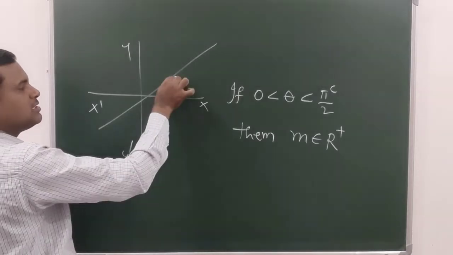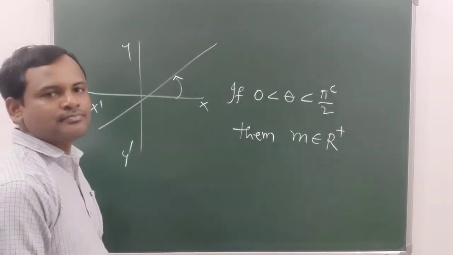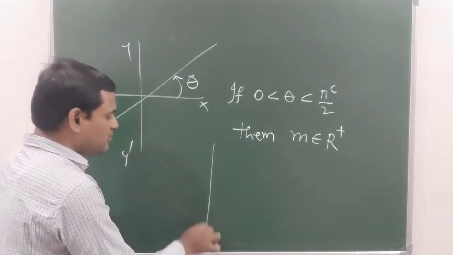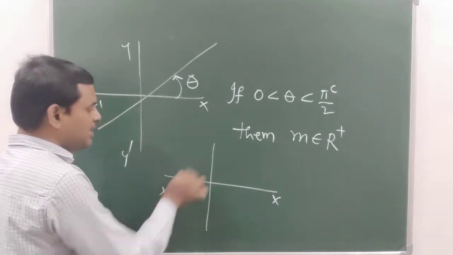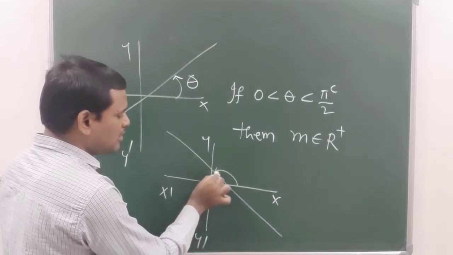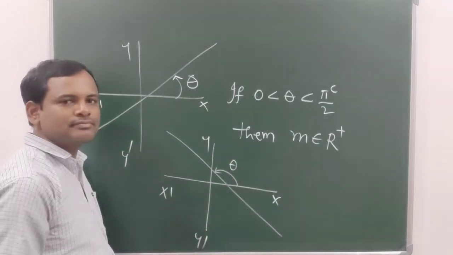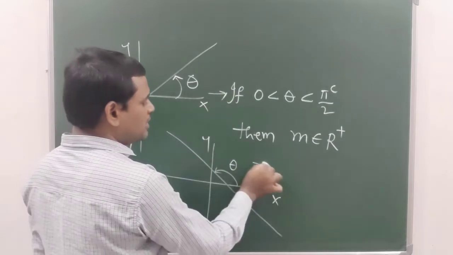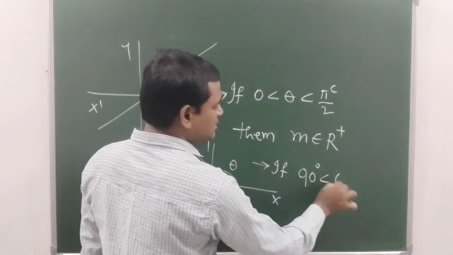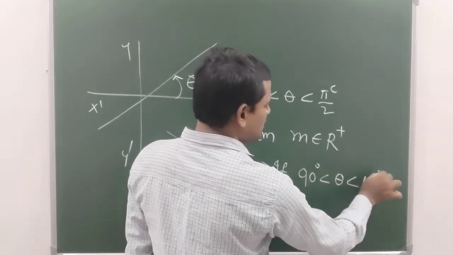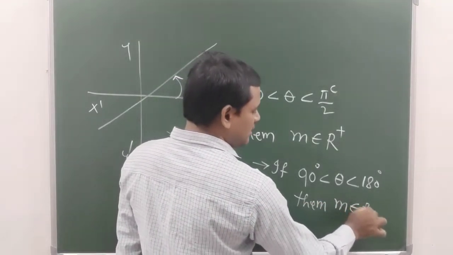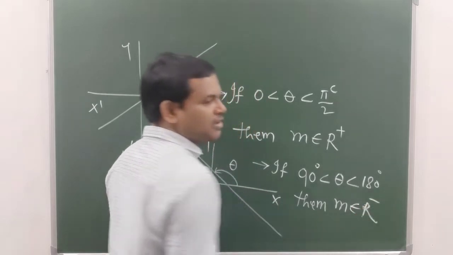We get the diagram like this. This is an acute angle. If the inclination is more than 90 degrees and less than 180 degrees, you get the diagram like this, and then we get the slope of a straight line as negative.